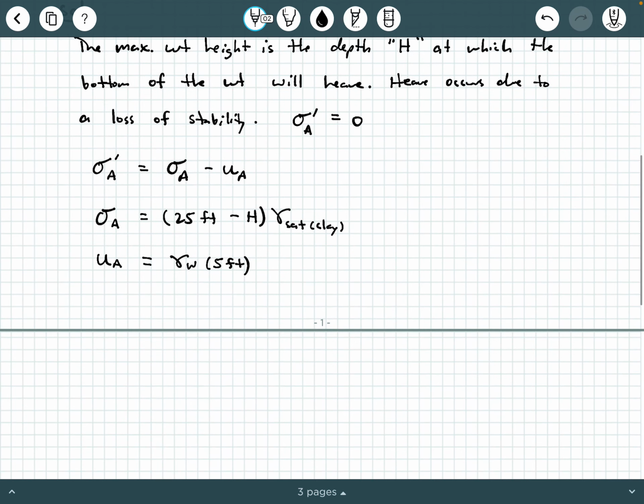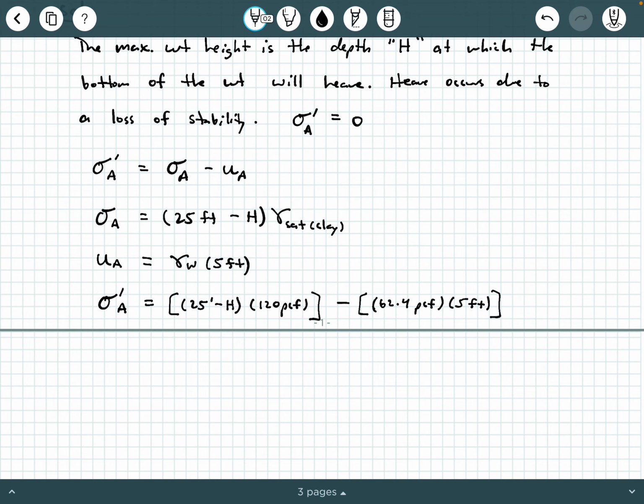So if we piece this together, we can say sigma prime A, the effective stress, is going to be total stress, 25 feet minus H times gamma sat clay, which is the 120 PCF from the given information, total stress minus pore pressure. So minus 62.4 PCF, that's the unit weight of water, times 5 feet, okay? And so that is our expression for effective stress.